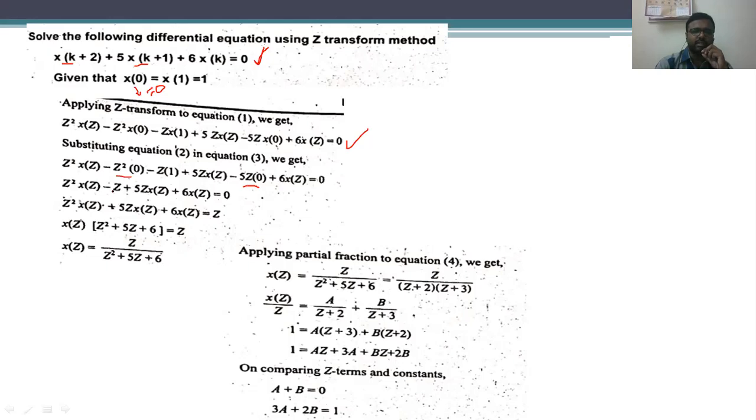That means this z, a constant value, is going to be taken to the right hand side. Therefore, taking x of z as common, we have x of z into z square plus 5z plus 6 is equal to z. So x of z is nothing but z divided by z square plus 5z plus 6.